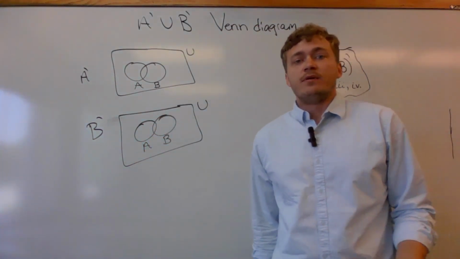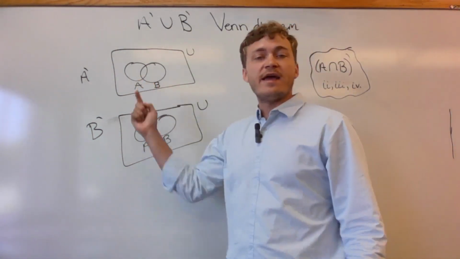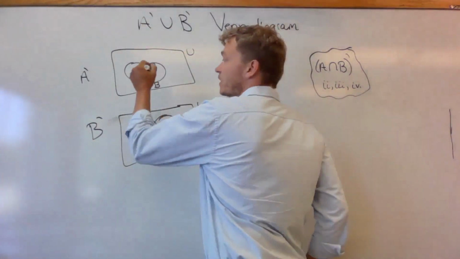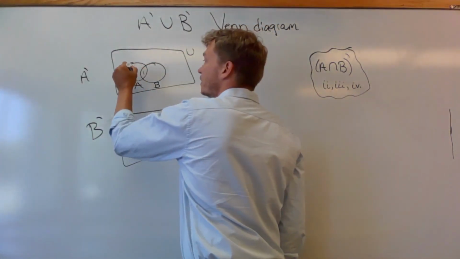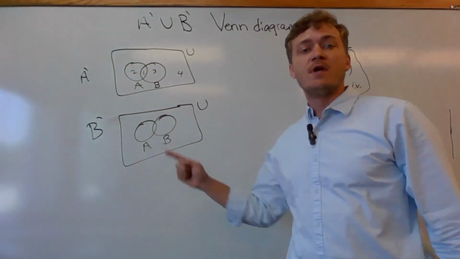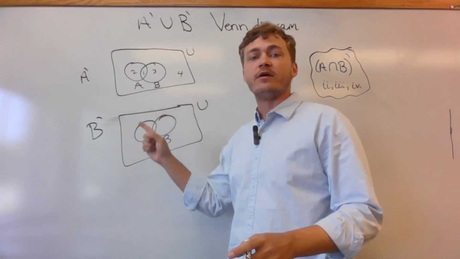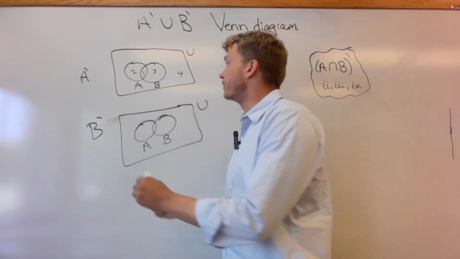So A complement is everything outside of A, meaning that if A consists of regions 1 and 2, I'll do the numbers this time, 1, 2, here we have region 3, and outside we have region 4. A complement means to disregard A, meaning 1 and 2 are not in A complement, only 3 and 4.